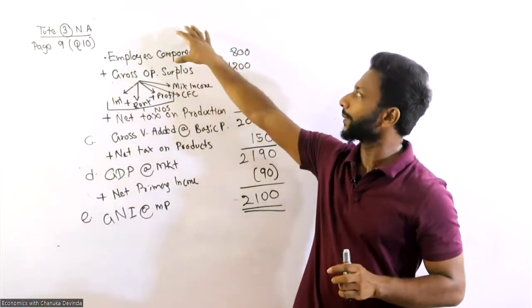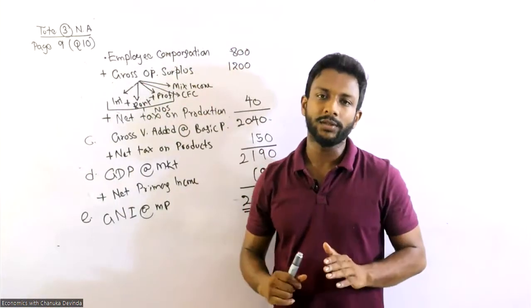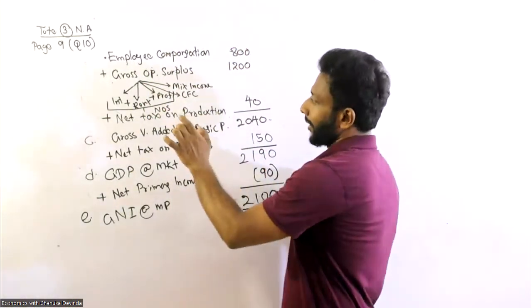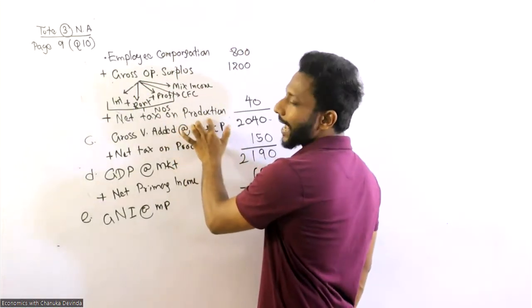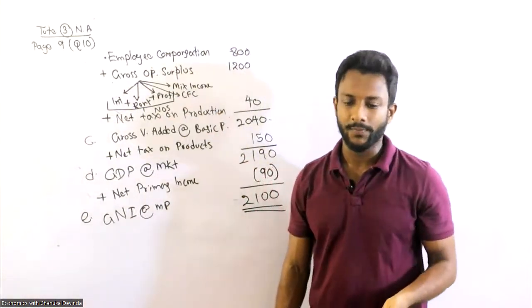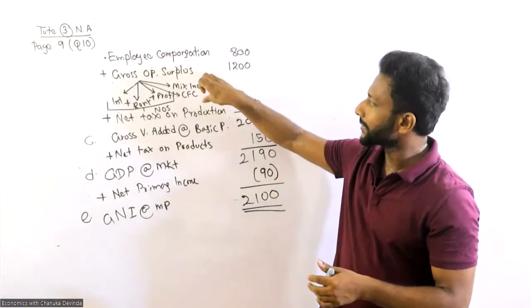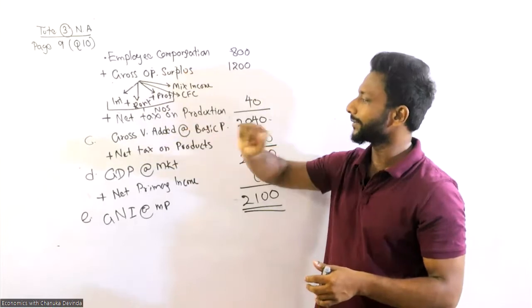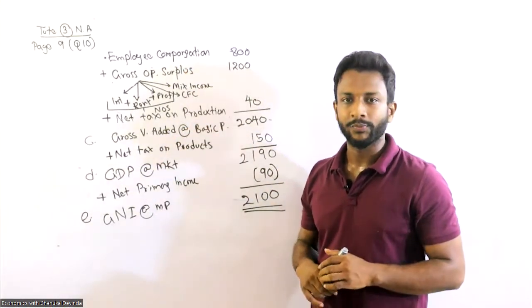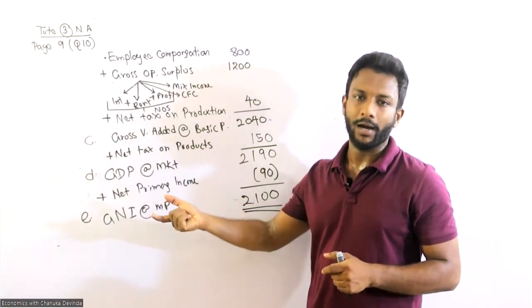Gross operating surplus plus employee compensation, it is gross value added, but here net tax on production is there, so that also is a component of base price. Then when we add all these three things together, it is gross value added at base price. Plus net tax on products, it is GDP at market price.